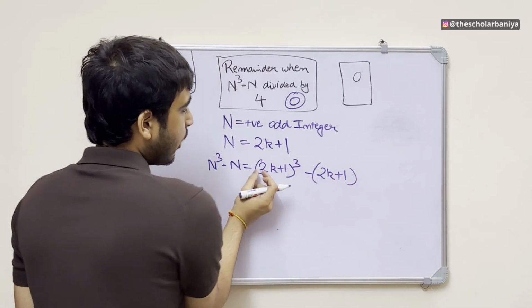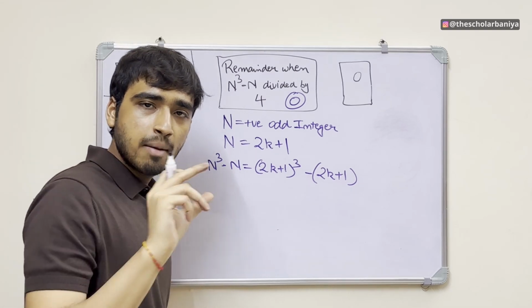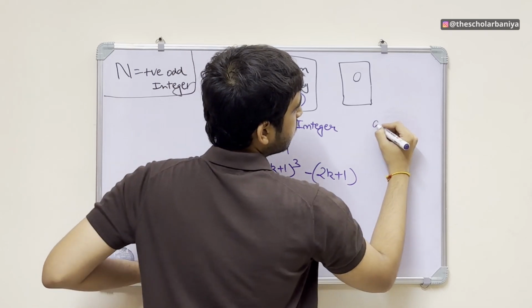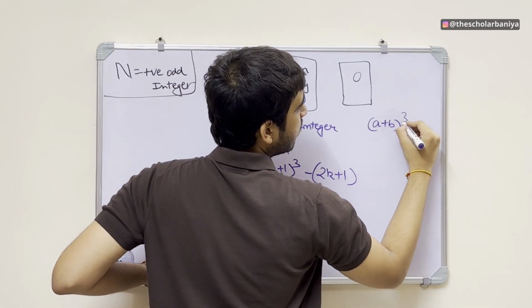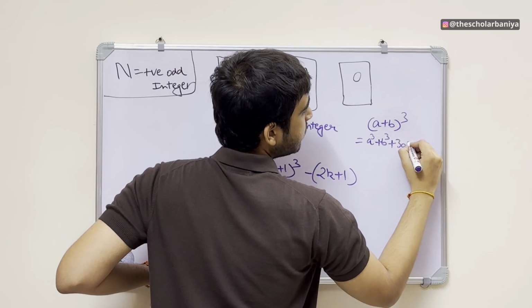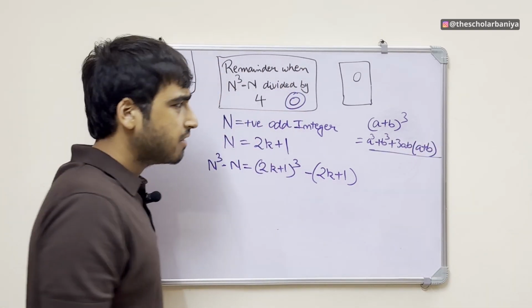So what is (a plus b) whole cube? (a plus b) whole cube is a cube plus b cube plus 3ab(a plus b), right? So (a plus b) whole cube equals a cube plus b cube plus 3ab(a plus b). I hope this is clear, right?